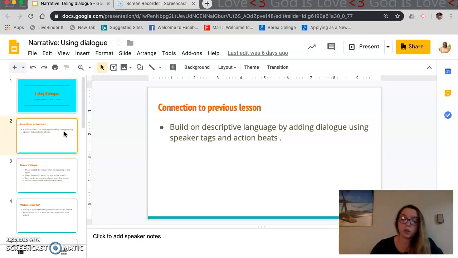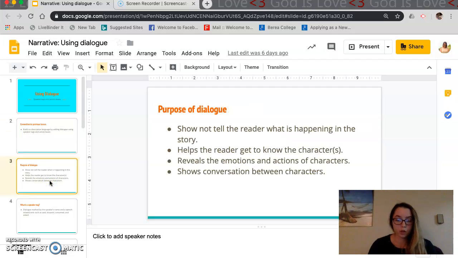This skill uses something called speaker tags and action beats, and knowing how to properly incorporate these into your writing will engage your reader and really allow him or her to experience the plotline of the story that you're telling.